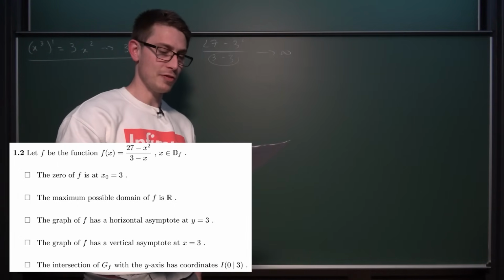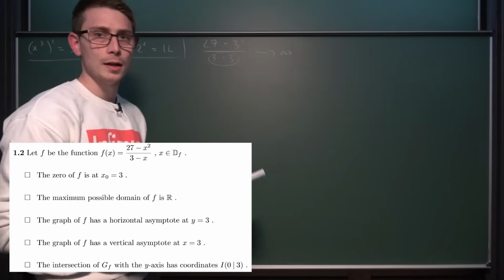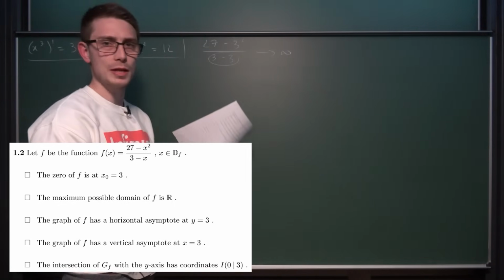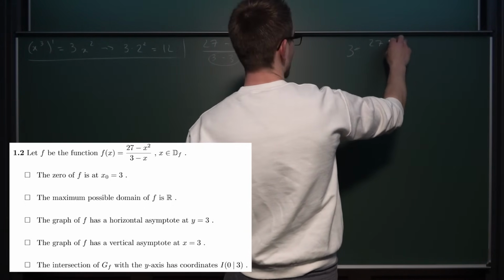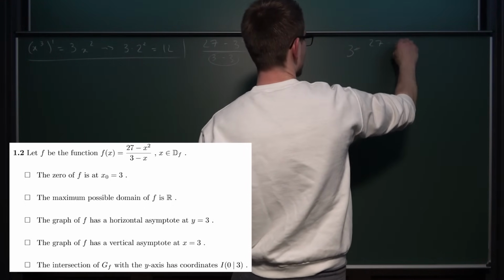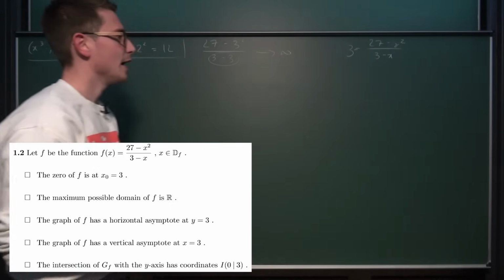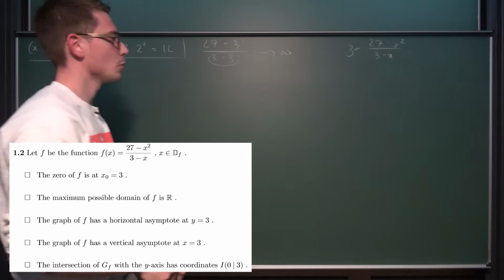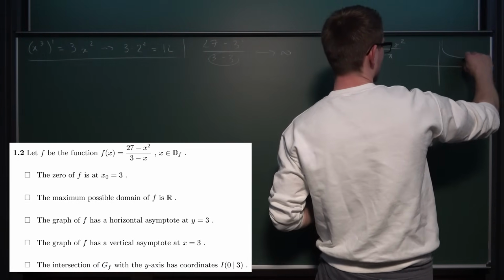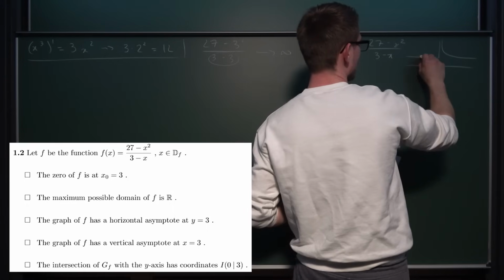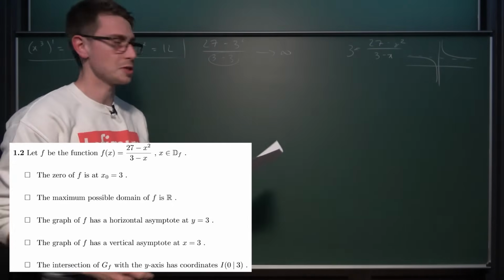The graph of f has a horizontal asymptote at y being equal to 3. Meaning what students would need to do here is they would say 3 is equal to 27 minus x squared divided by 3 minus x, and an asymptote in that case means we are going to get, for x going to infinity, that's the horizontal asymptote here, for example, 3 out.